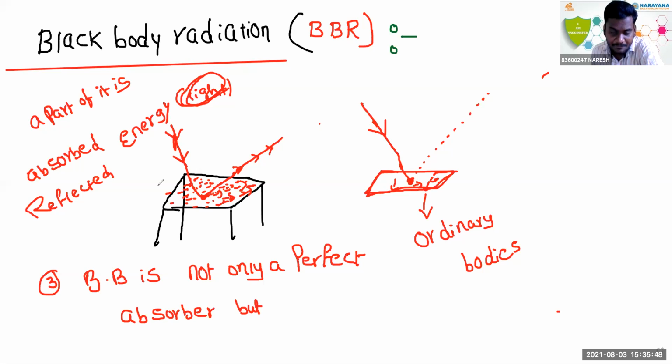Once again, I'm repeating: when radiant energy falls on the surface of a body, a part of it is reflected, a part of it is absorbed, and the remaining energy is transmitted.